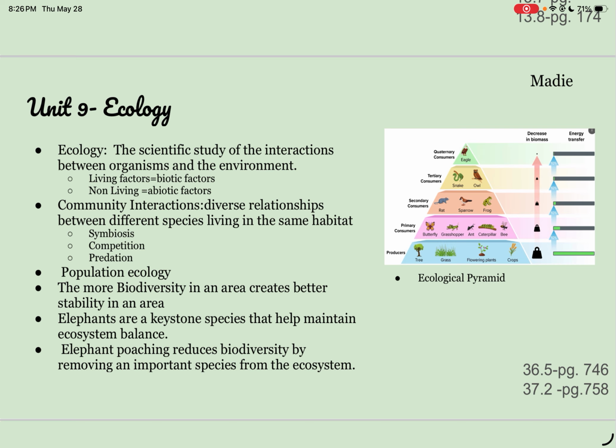This is an example of community interactions, diverse relationships between different species living in the same habitat. Other examples are symbiosis, competition, and predation. An example of predation is one species hunting another to survive.